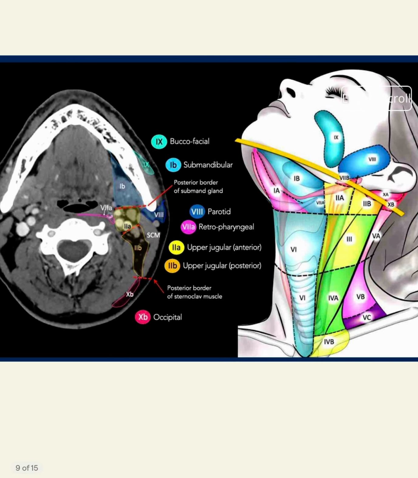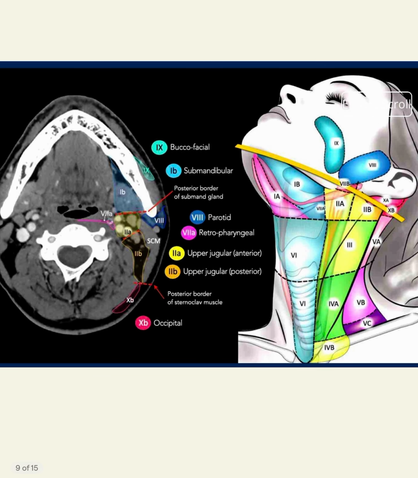We have already discussed that the sternocleidomastoid divides the triangle into anterior and posterior. This is our level 2A, this is our level 2B. This is the posterior line of the internal jugular vein. So anterior to the internal jugular vein is level 2A, posterior to the internal jugular vein is level 2B.